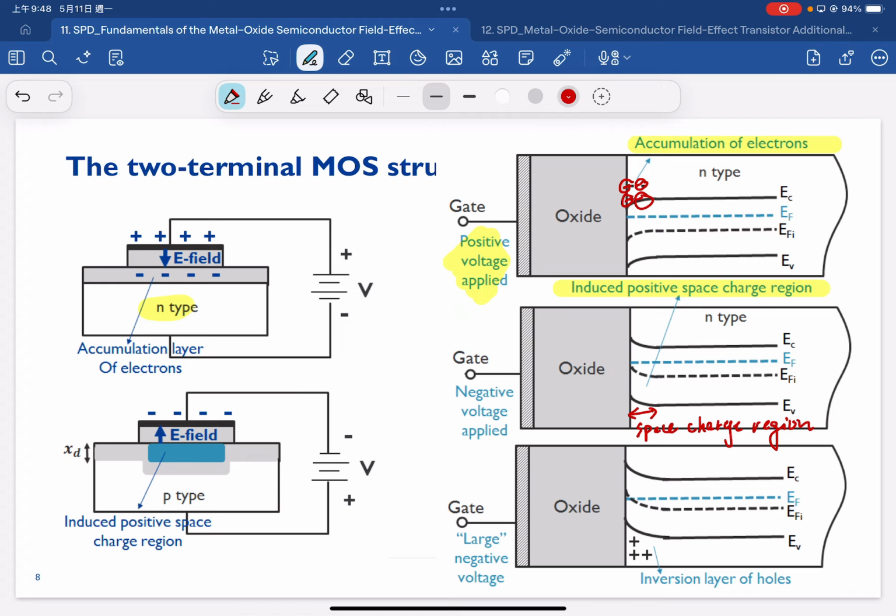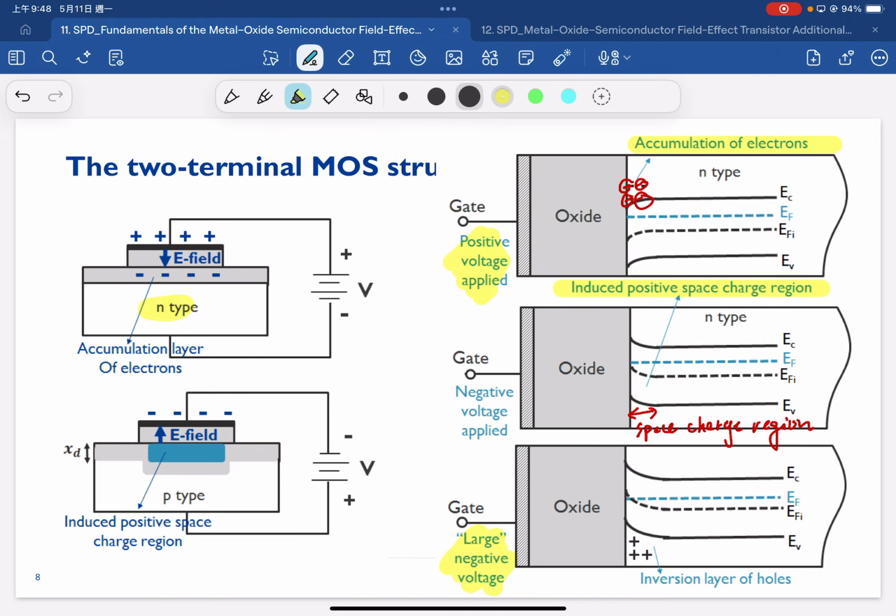And finally, we have a large negative voltage here. Once we have a large negative voltage, we will see this Fermi energy is below the intrinsic Fermi energy and close to the valence band. Once it is closer to the valence band, that means we have hole inversion.